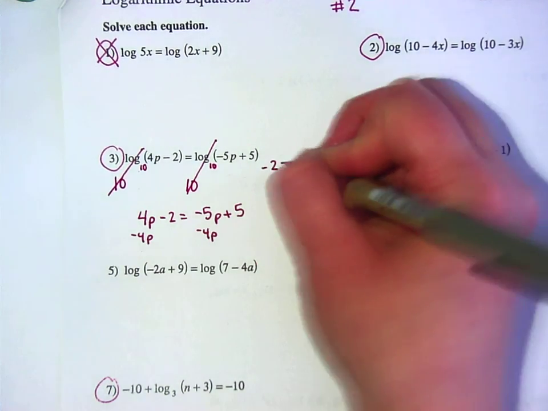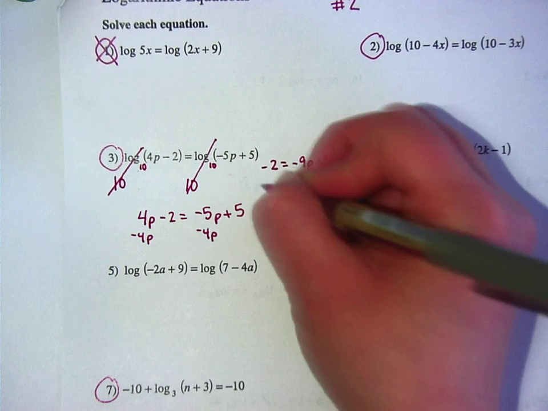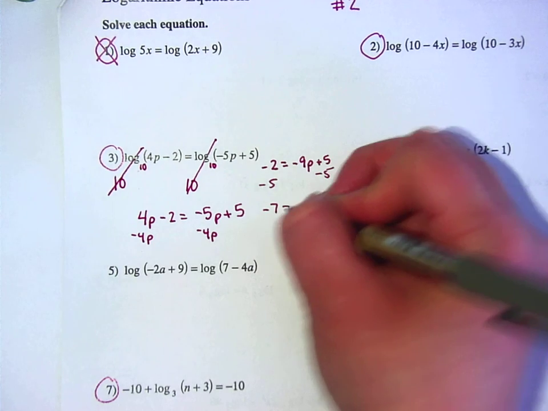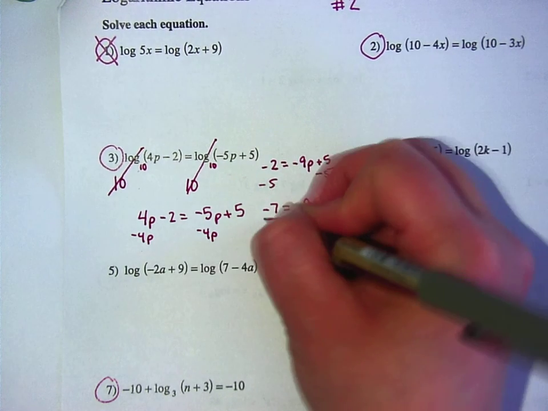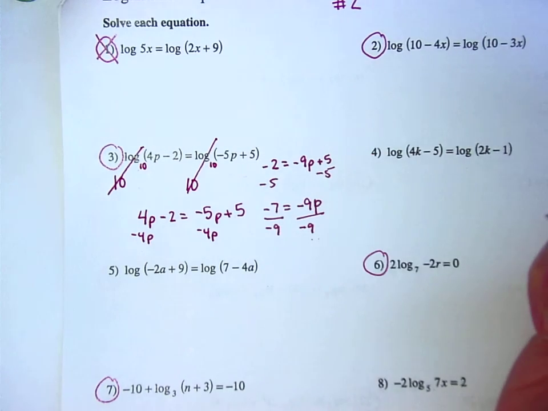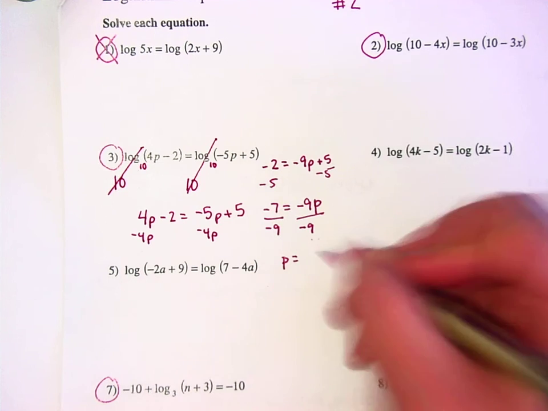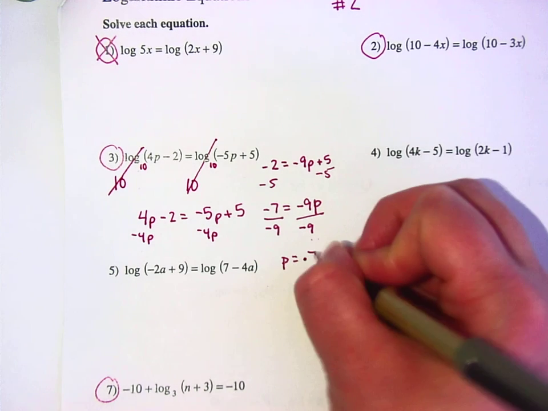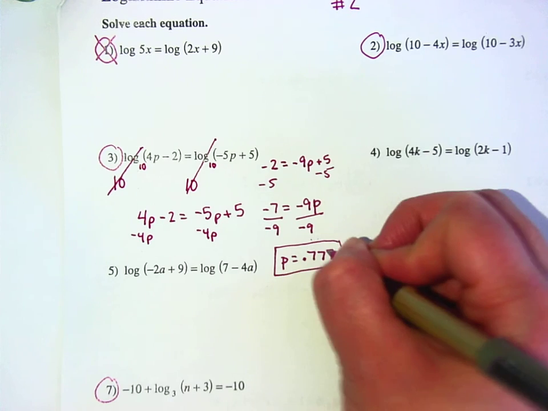So now I've got negative 2 equals negative 9p plus 5. You said subtract 5 as well. That's negative 7 equals negative 9p. Am I going too fast? Almost. Okay, divide by negative 9. You should get what? 7/9? Yeah. 0.777? Or 778?